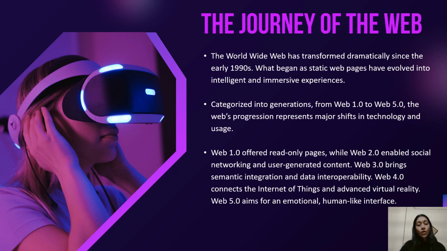Web 1.0 offers only read-only pages, while Web 2.0 enables social networking and user-generated content. Web 3.0 brings semantic integration and data interoperability. Web 4.0 connects with IoT and advanced artificial intelligence. And Web 5.0 aims for emotional and human-like nature.